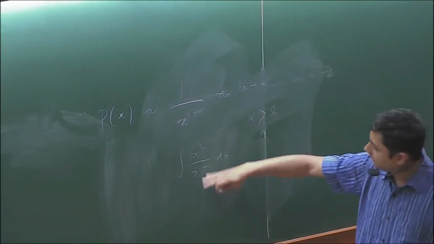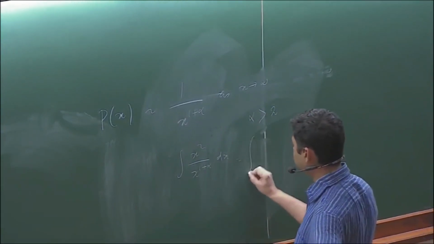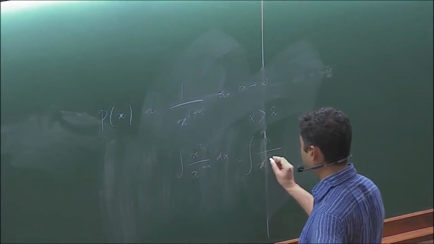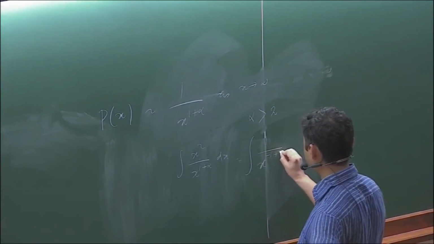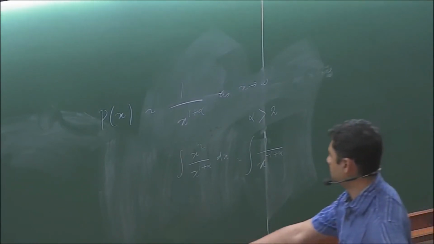So this integral will exist as long as, so what is this integral? 1 over x to the power minus 1 plus alpha, right?